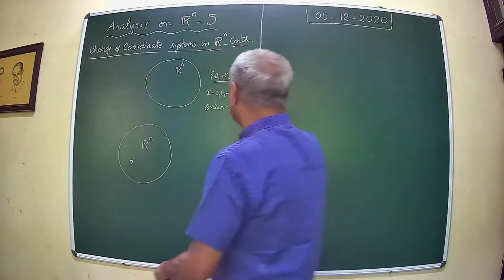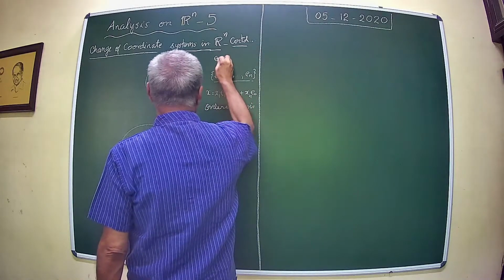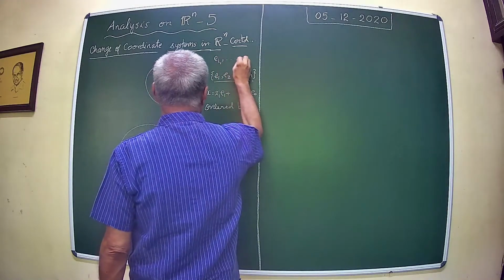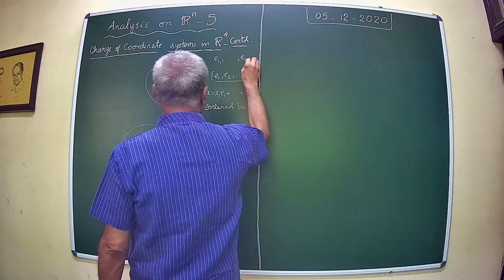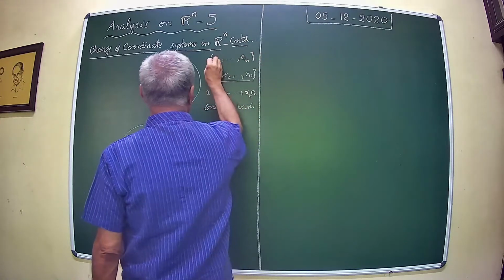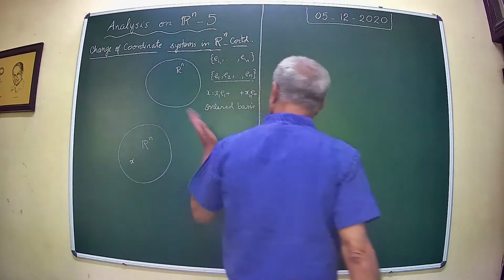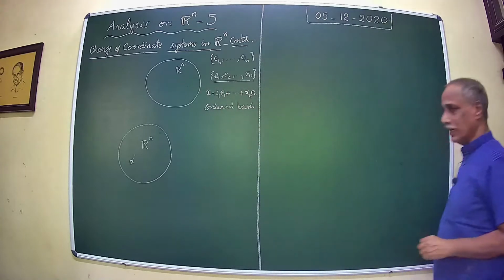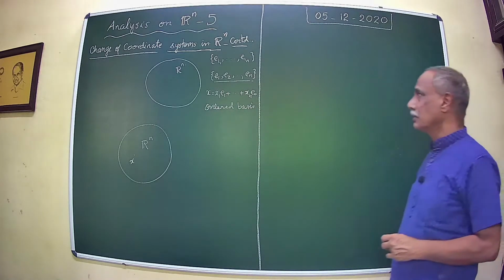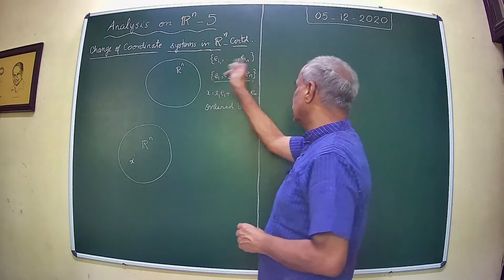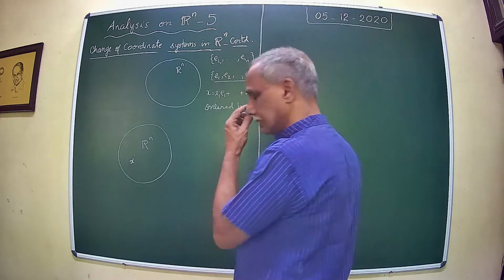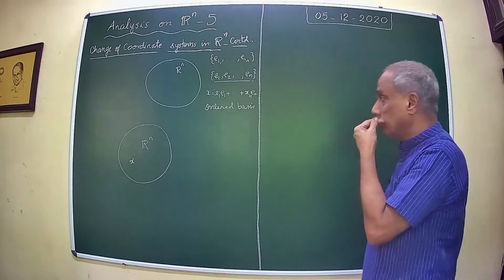So if you write Ei1 to Ein, where each Eij is some Ek, and still this consists of all, it's just a permutation of that.